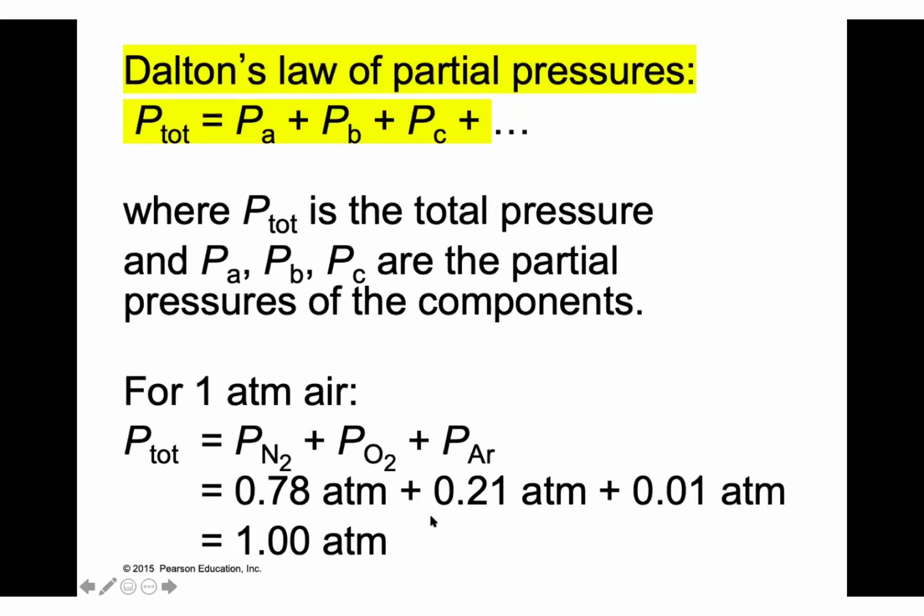I can add them up based on Dalton's law. I can add up the partial pressures of the gases to get the total pressure of the gas. That's it, guys. It's basically just an addition. So the total pressure equals the sum of the partial pressures of the gases, okay?